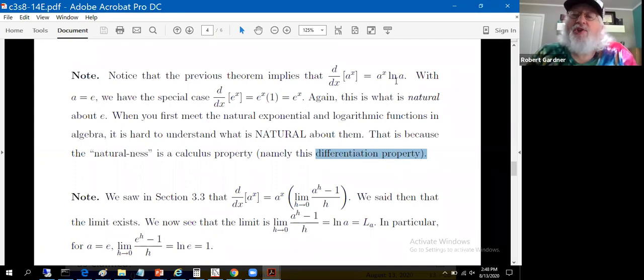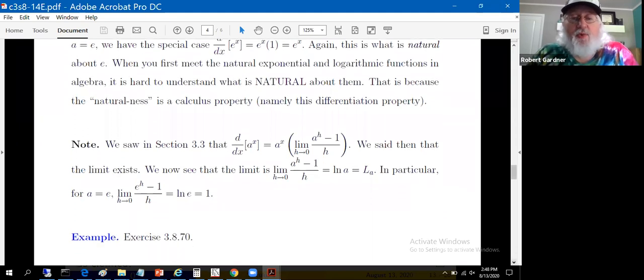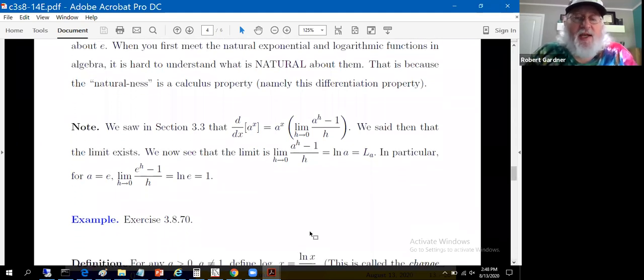A property shared by no other exponential functions. They all, when differentiated, yield some awkward multiple of the original exponential function. So that's what's natural about the natural log function. I guess it was in section 3.3 we talked about differentiating exponential functions.